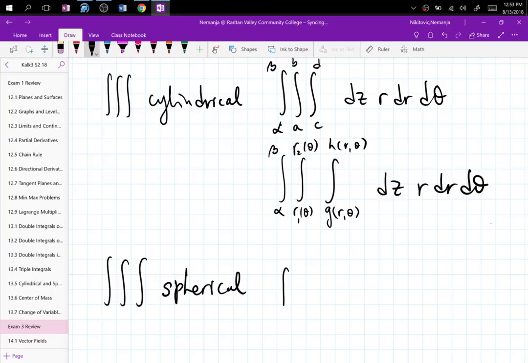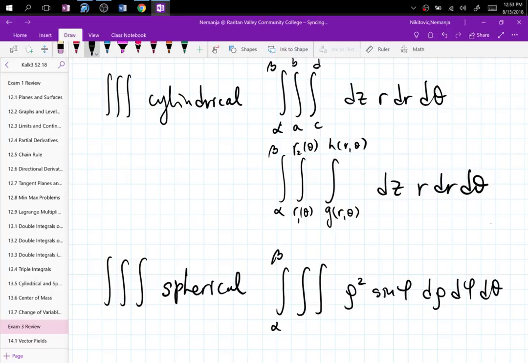So for spherical, 1, 2, 3, rho squared sine phi d rho d phi d theta, alpha, beta. I should put gamma and delta here because phi are also angles, but in the book they have A and B, so I have to do this even though I hate it.